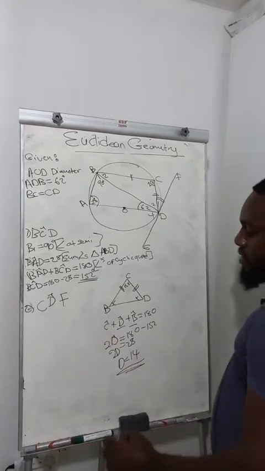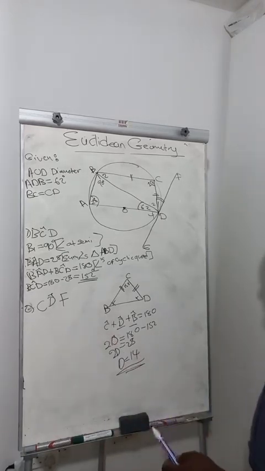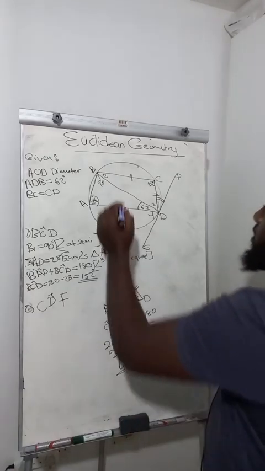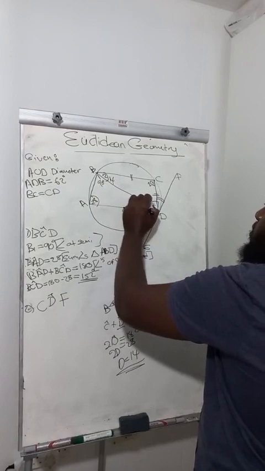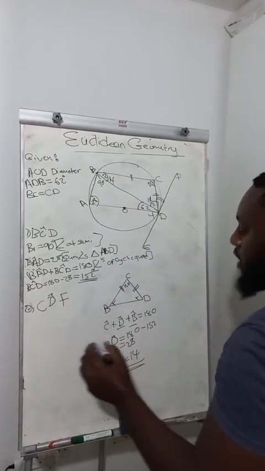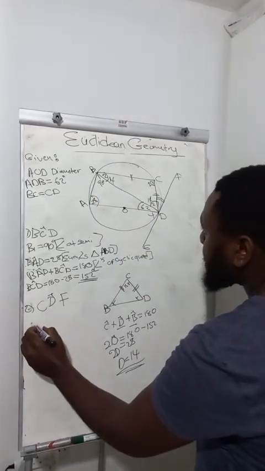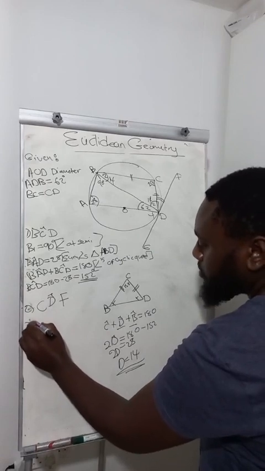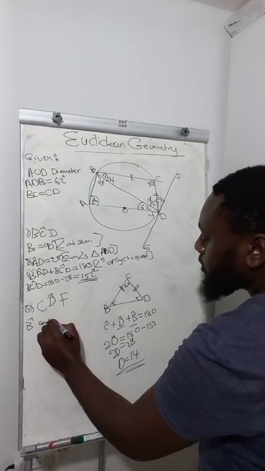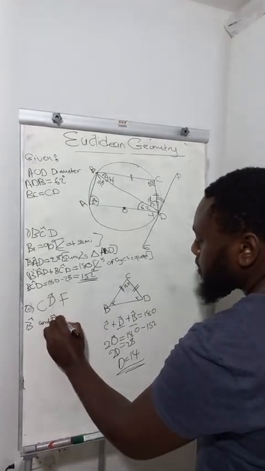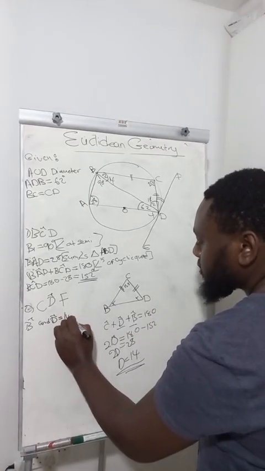So it means this here is to be 14. So here we'll say angle B and angle D are equal to 14.